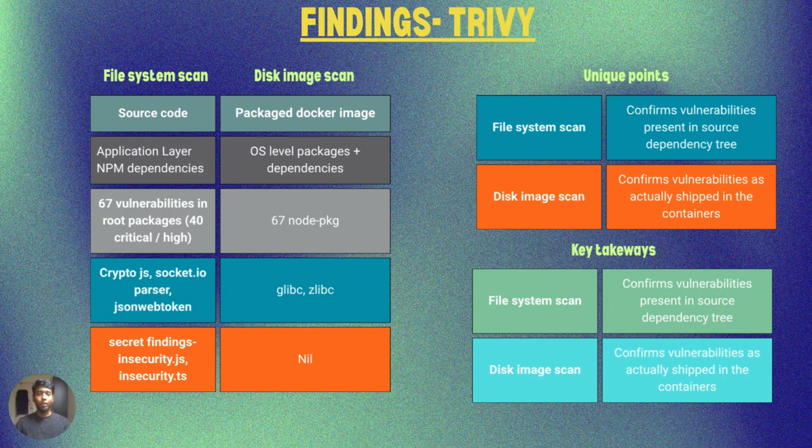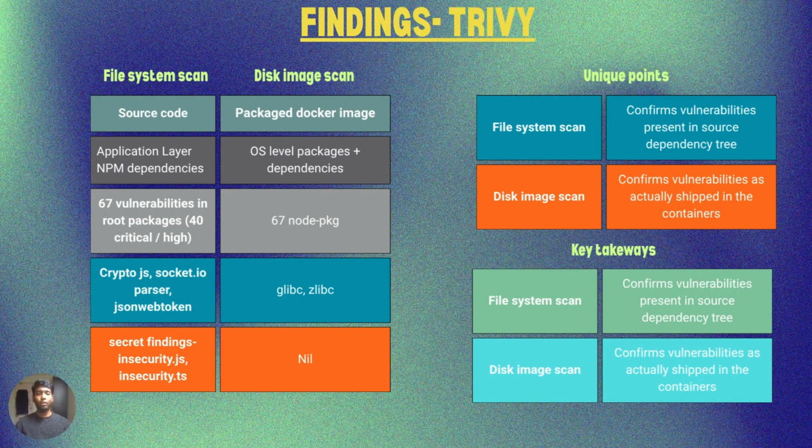So if we look at the unique points of these two scannings, the file system scan actually confirms vulnerabilities present in the source dependency tree, which is useful for deployment testing. And the image scan actually confirms the shift in the deployed container or Dockers, including the inherited operating system risk, which can be tested during live sessions.